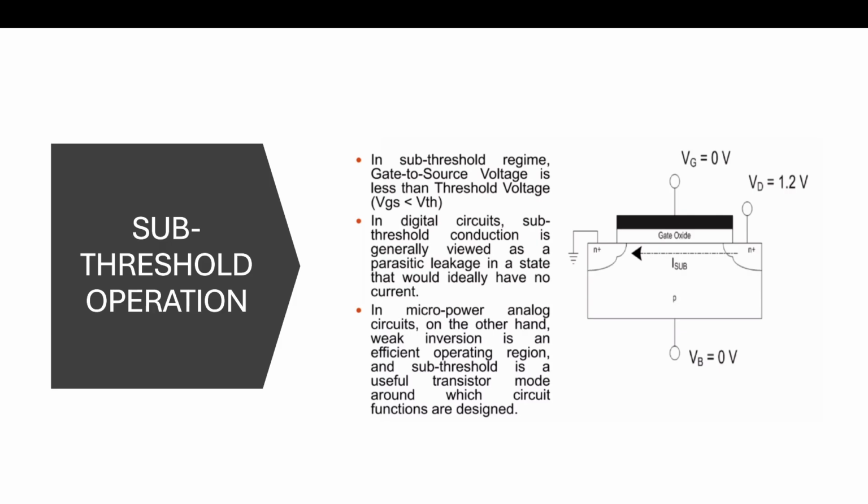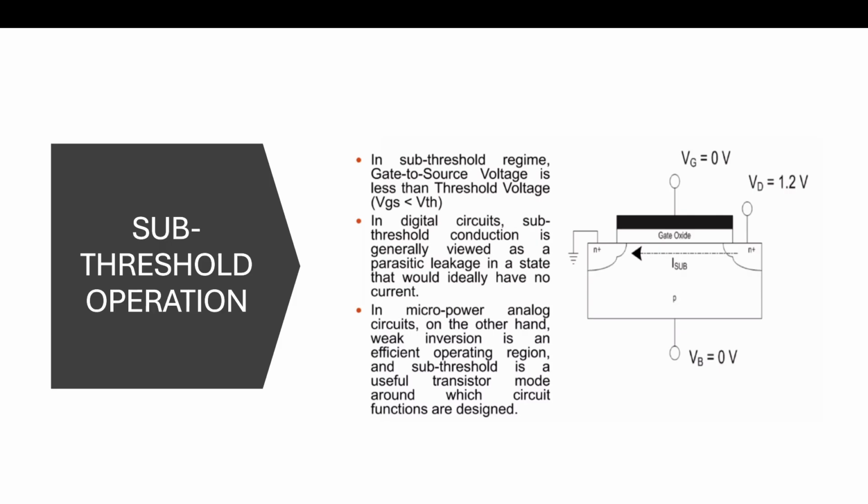In this scenario, your circuit will work at less than VTH. In the digital domain, if your VGS is less than VTH, then the circuit will be off, right? But here your circuit will operate, which we intentionally want, in a sub-threshold region.